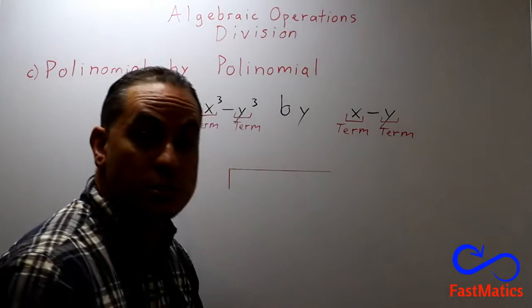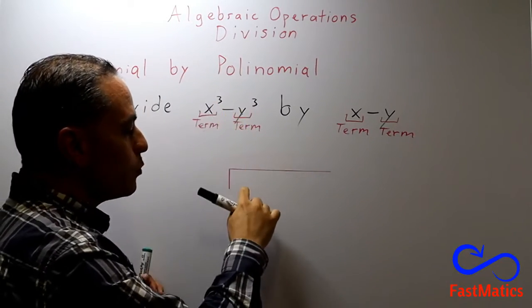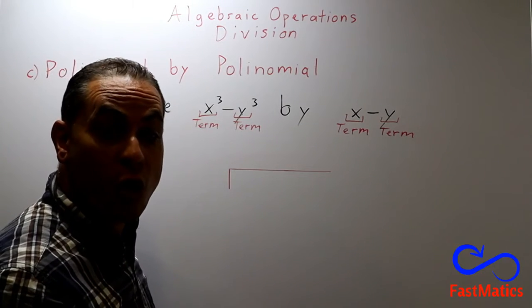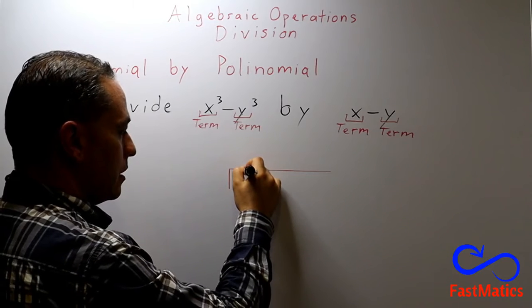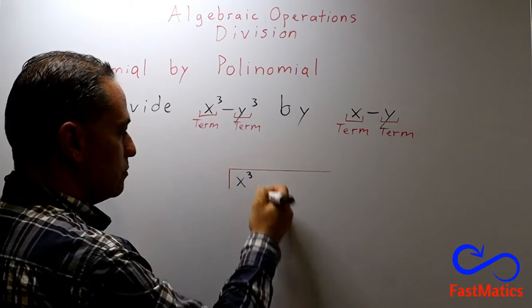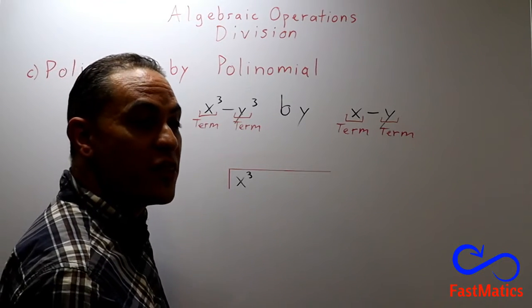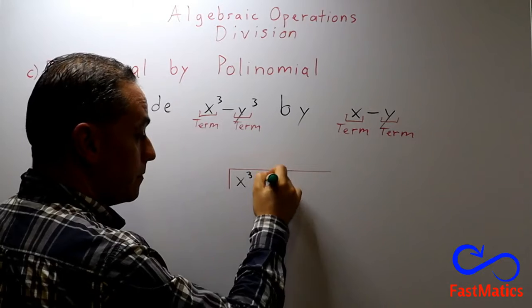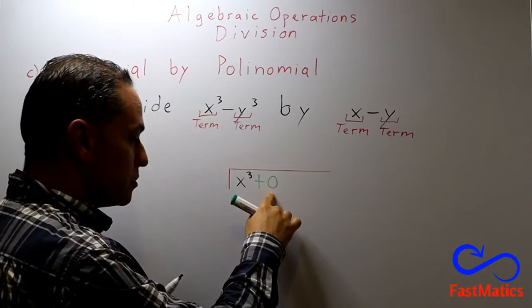Let's go. So first of all, we're going to put the first polynomial into this symbol to make a long operation. x cubed. But after that, I should put the x squared, because I don't have an x squared, I put a 0.